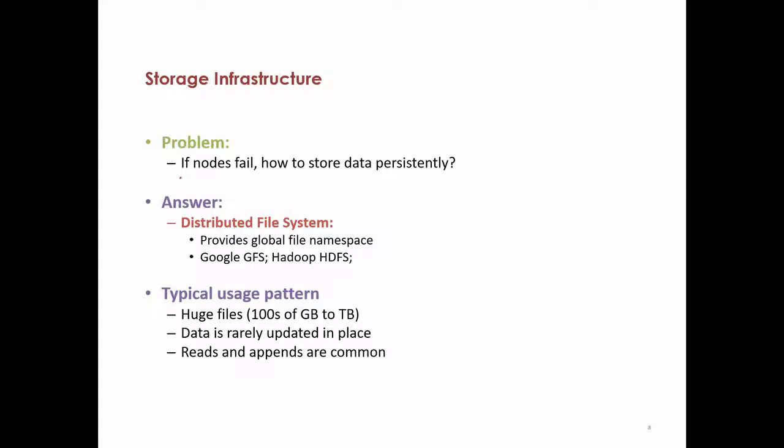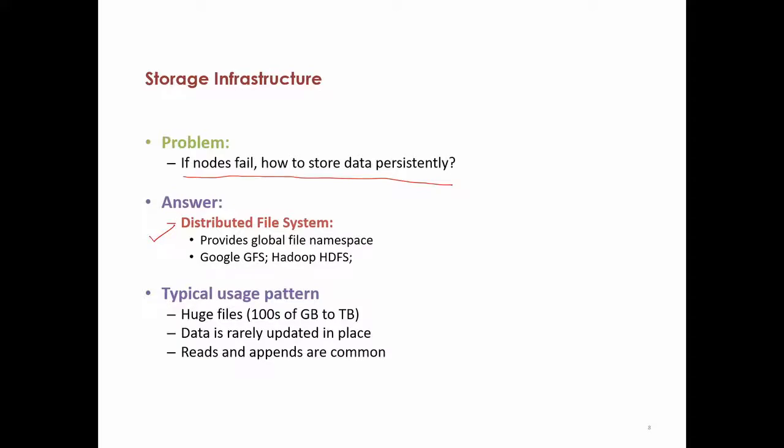Now again, the problem with storage infrastructure is, how do you store the data persistently? And the answer is that you need to store it in a distributed file system.